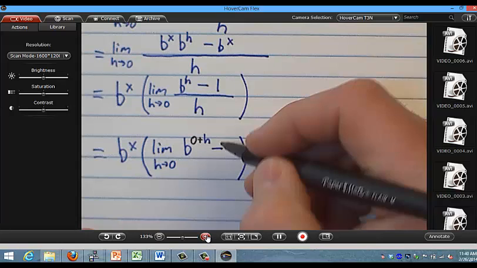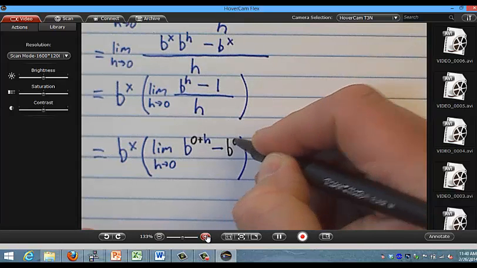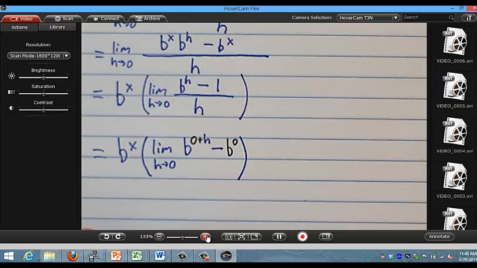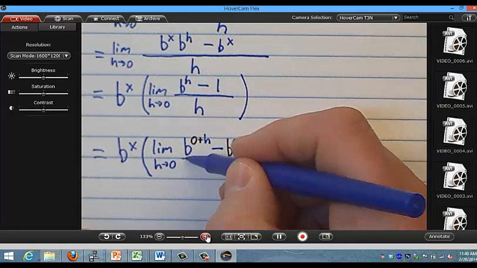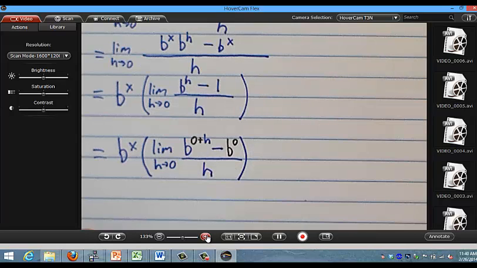Isn't it true that 1 is the same as b to the 0 power? You guys get that? All over what? H. Okay.